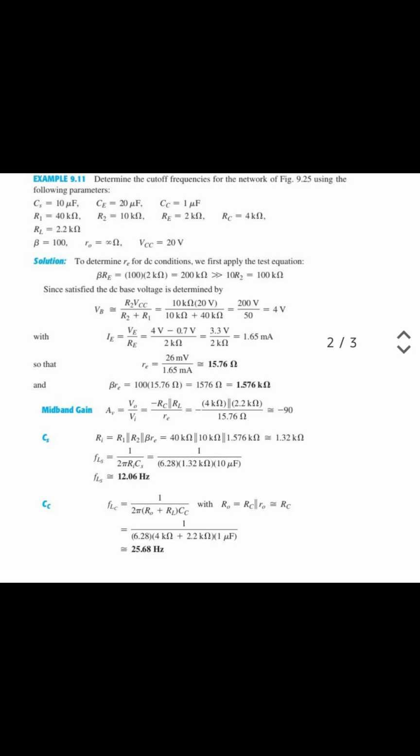Since this is satisfied, the DC voltage is VB approximately equal to R2 times VCC over R2 plus R1, equal to 200 volts over 50, and thus VB is 4 volts.